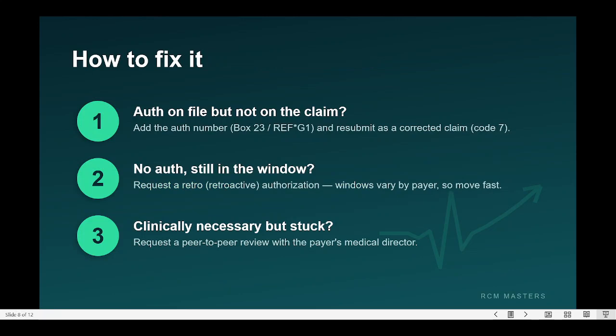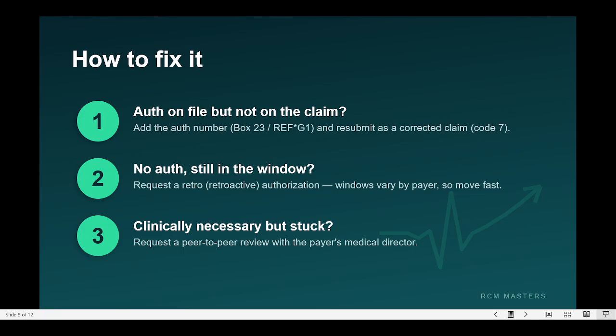Now the fix in three steps. Step number one. If an auth is on file but it was not on the claim, just add the authorization number in box number 23 or in the reference segment in the electronic file and resubmit it as a corrected claim with frequency code 7. This will fix the issue. Step number two. If there is no authorization but you're still inside the payer's retro window, request a retroactive prior authorization.